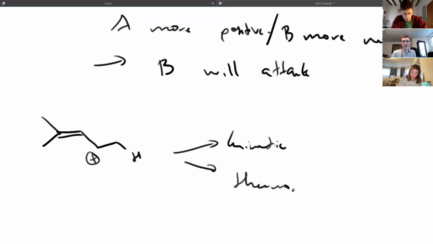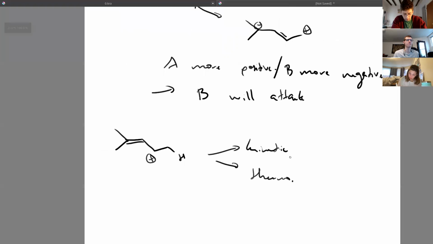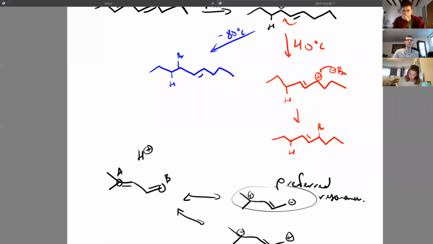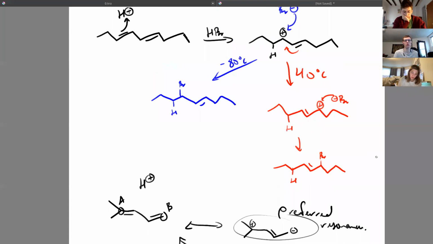We haven't even gotten to Diels-Alder yet. That's okay. So I'm a little confused on the thermodynamic. Like the last one we did before this, why is that movement of the double bond favorable? Or does it just happen?